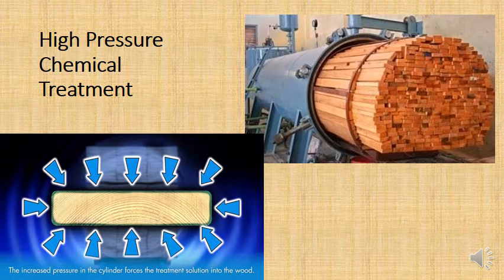And then bugs and bacteria and fungi, they can enter the timber and rot it. So that's why when you cut a piece of wood, you've actually got to paint it with a chemical paint called end paint. And in the video that I'm giving you about high pressure chemical treatment, it talks about this. This is a way to make sure that the wood is completely coated in this chemical barrier.